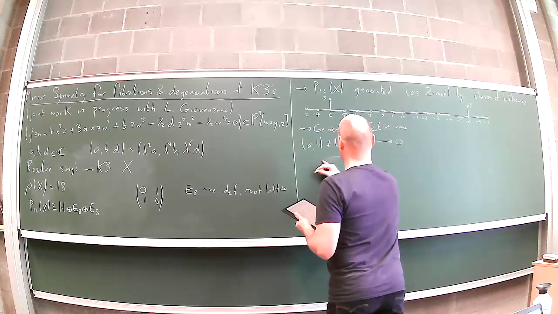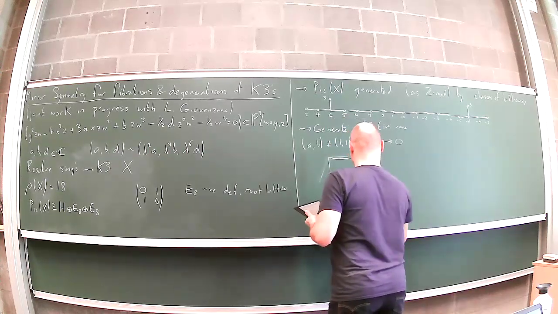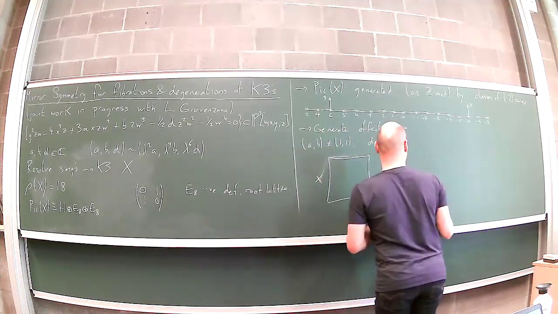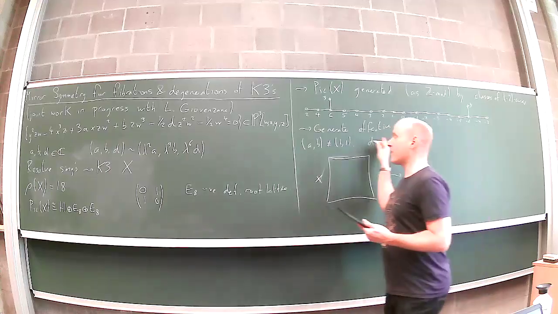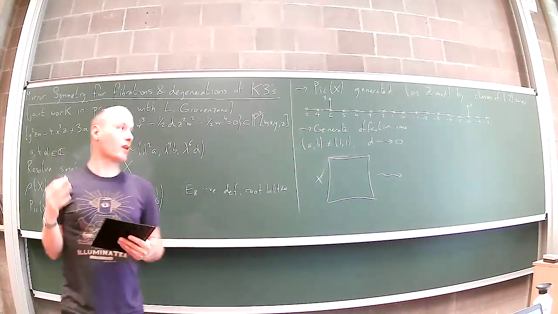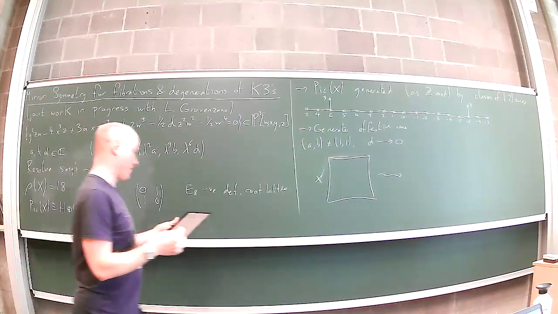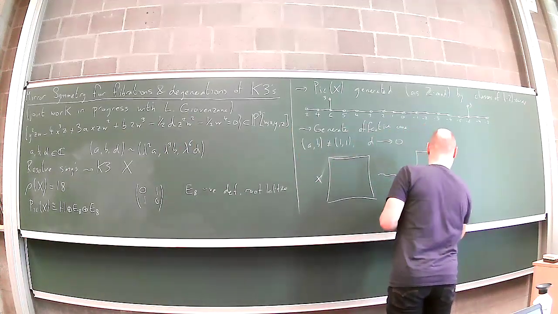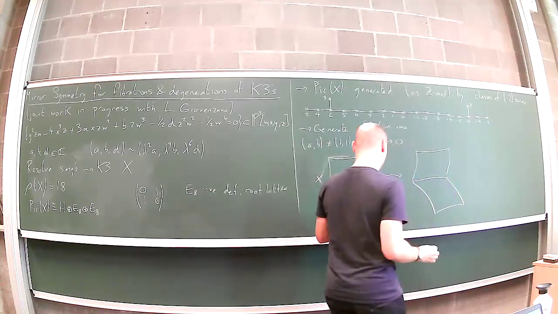So I have my K3 surface here. So this is my X. And when D goes to 0, this is going to degenerate to X0. And if I take this family and I resolve the singularities in the family, then my central fiber is going to look like this. So it's going to have two components like this.